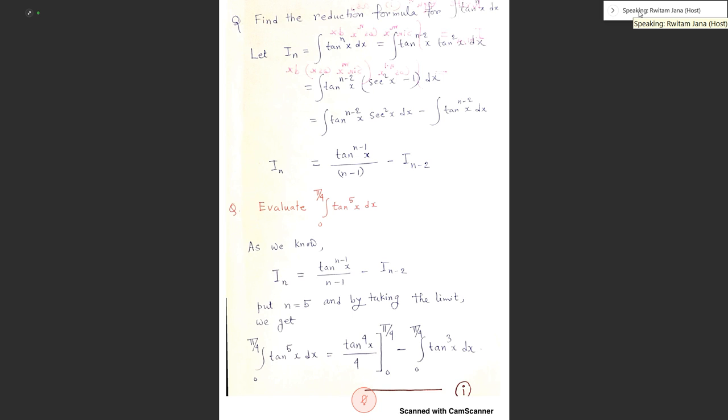You can see that I have written tan to the power n x as tan to the power n minus 2 x into tan square x dx. So I have written integration tan to the power n x dx as integration tan to the power n minus 2 x into tan square x dx, and I can write it.